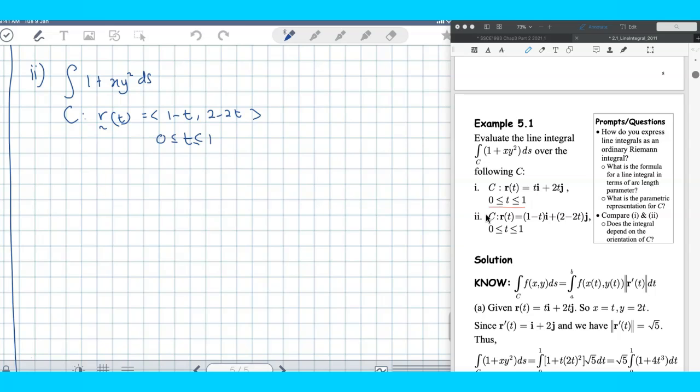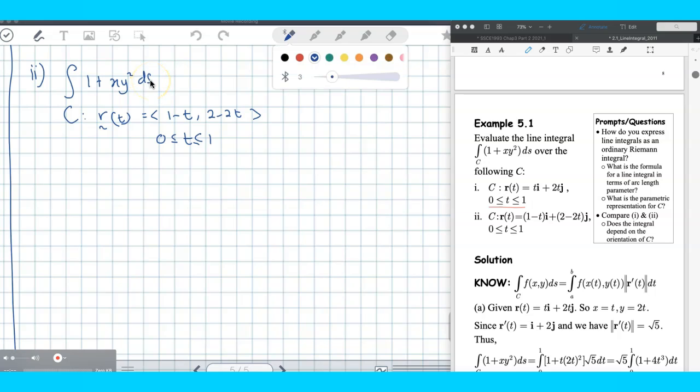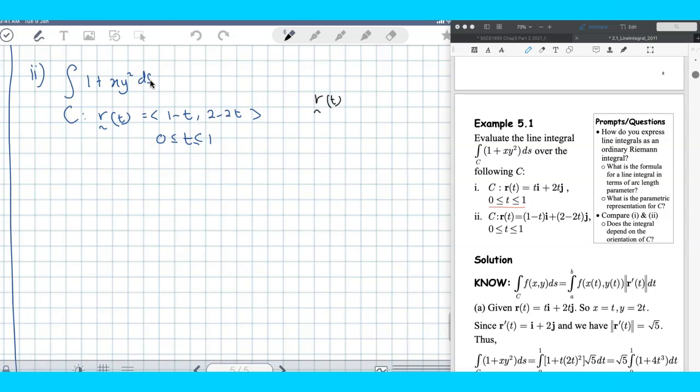Okay, so now you have to find the ds in terms of dt. So to get that, look at your r. Your r is 1 minus t, 2 minus 2t. So you have to find the derivatives.